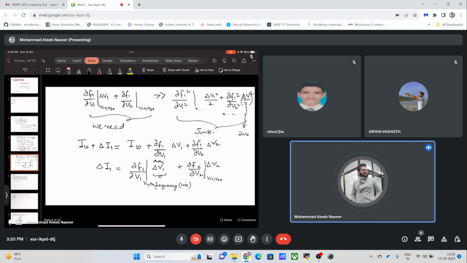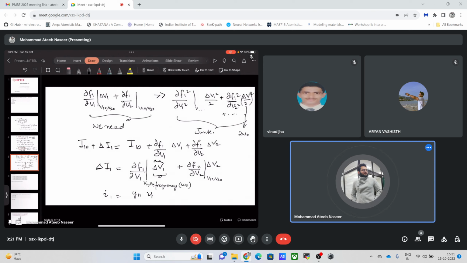If I denote this ΔI1 by small i1, it is simply some number, which is named y11. You must have seen how these S parameters and Y parameters are calculated.